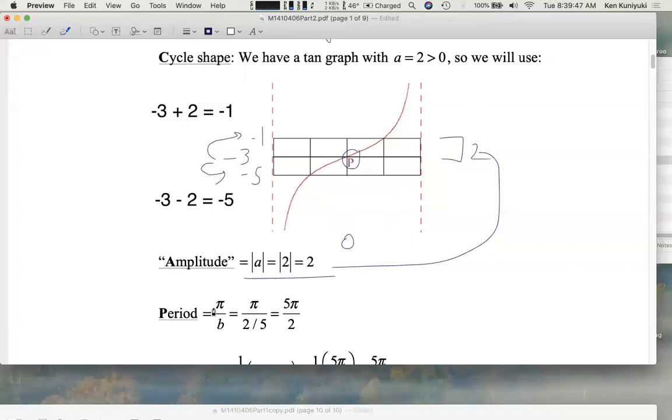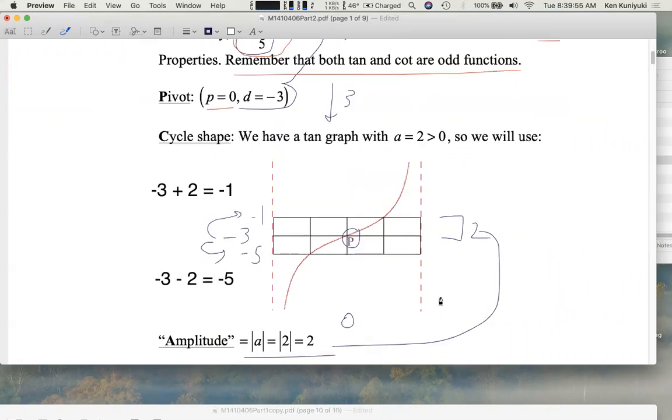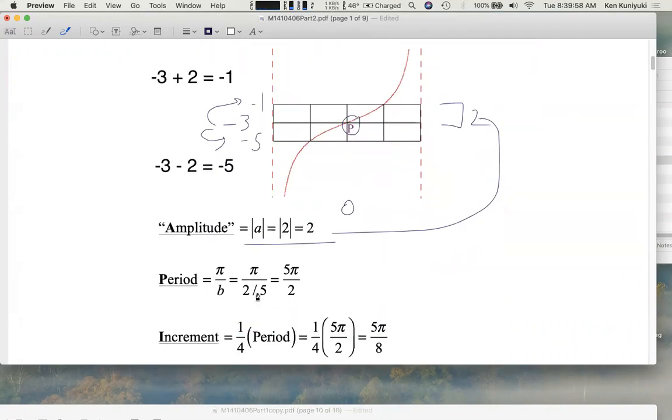Pi over, well, what was b? The coefficient on x was 2/5. It was the 2/5 over here. Pi over 2/5. When you divide by 2/5, you multiply by the reciprocal of 2/5, which is 5/2. So we get 5 pi over 2. Pi divided by 2/5 is pi times 5/2. That's 5 pi over 2, and that's the period.